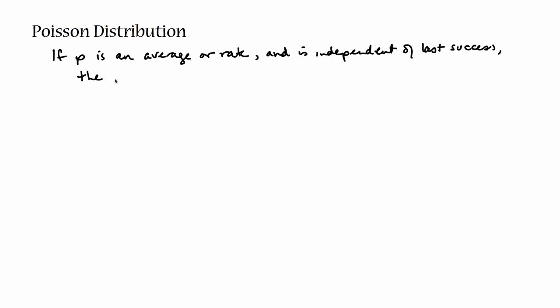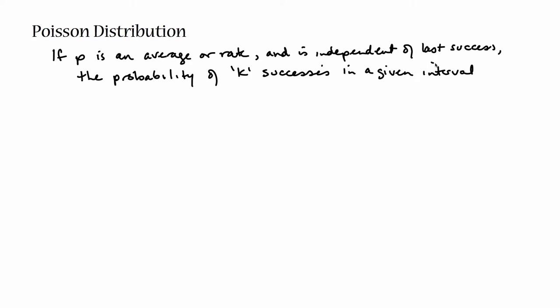the probability of a given number of successes, k, in a fixed interval of time, will have the Poisson distribution. So it's the probability of k successes in a given interval is Poisson distributed.